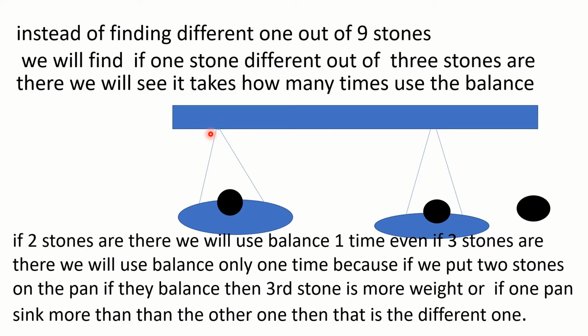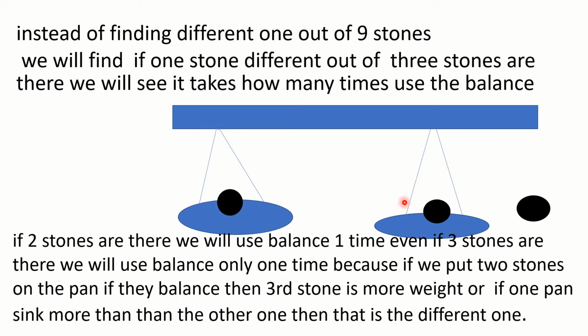If I have 2 stones, to find the odd one out I have to use the simple balance one time, right? If I have three stones in which one has more weight, I will also use the simple balance only one time, because I will put one ball here and one ball here.